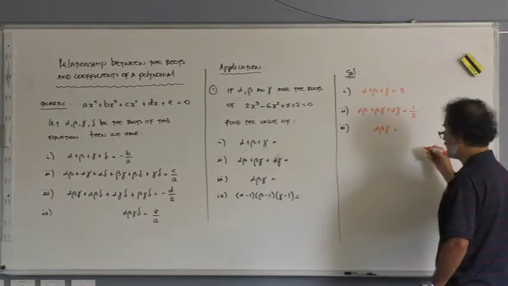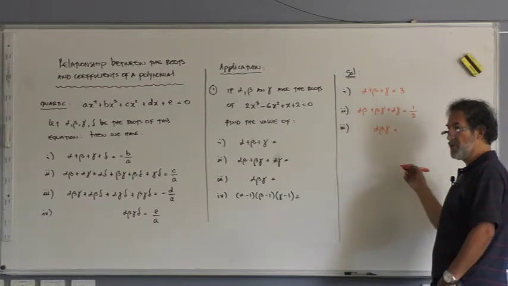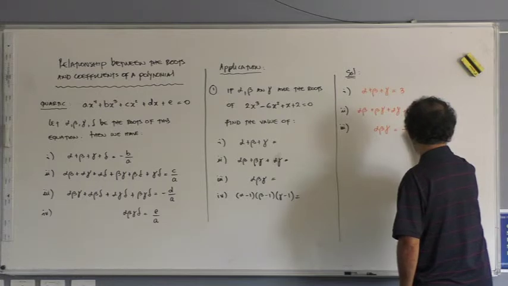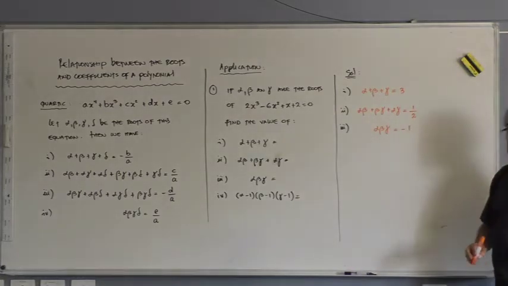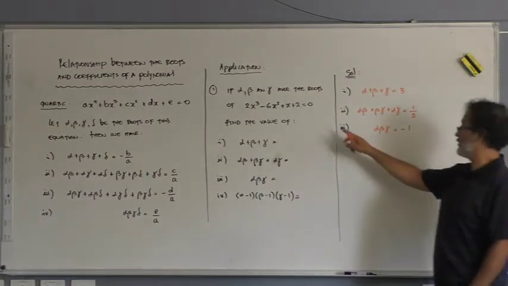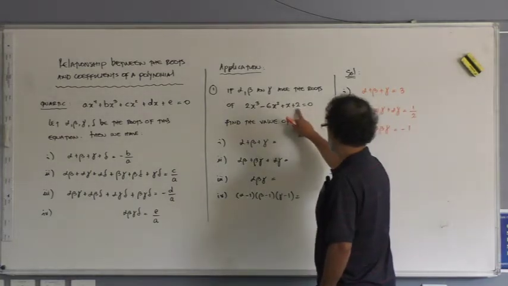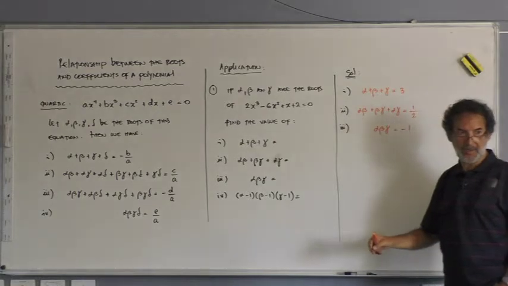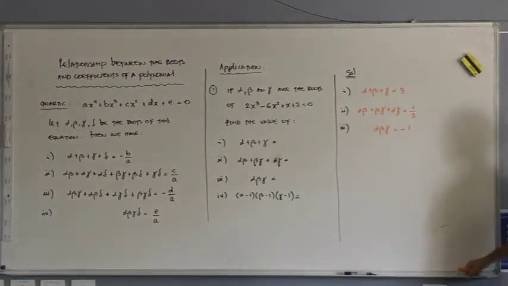So it's going to be minus 2 on 2, which gives you negative 1. It's C on A? No, no, no, it's D. All right.